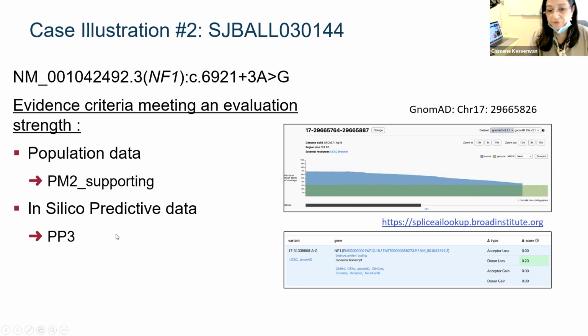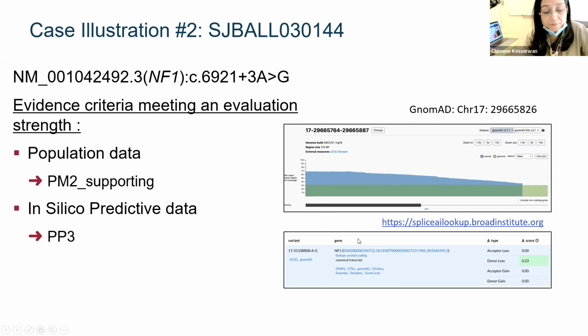And for in silico predictive data, we use SpliceAI, which, as you know, is a publicly available splice alteration tool based on artificial intelligence, and they devised a very sophisticated neural network model to come up with the prediction, but still it is a prediction tool, right?